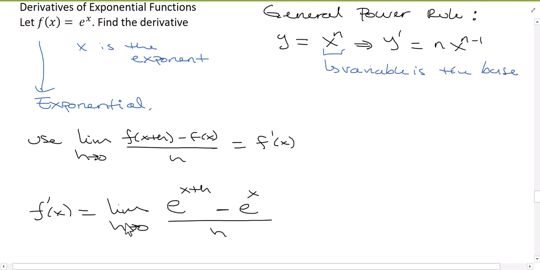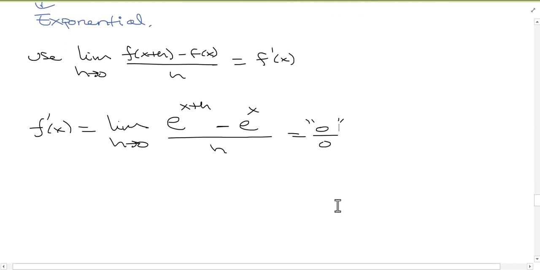And so if I plug in h equals 0 now, I'm just going to get e to the x plus 0, so e to the x minus e to the x, so that's 0 over 0, which normally means do some algebra or something else.